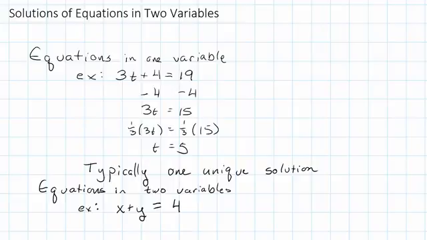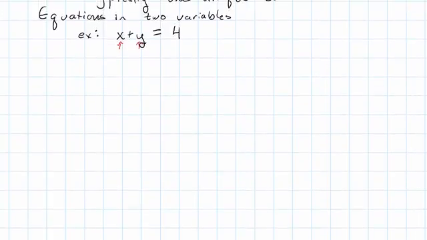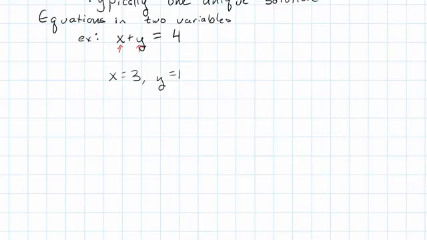For example, if we look at the equation x plus y equals 4, note this has two variables, namely x and y. If we look at this equation, it's easy to see that there are lots and lots of different choices for x and y. We could have x equals 3, y equals 1, for example.